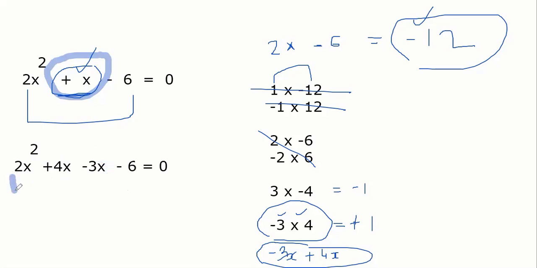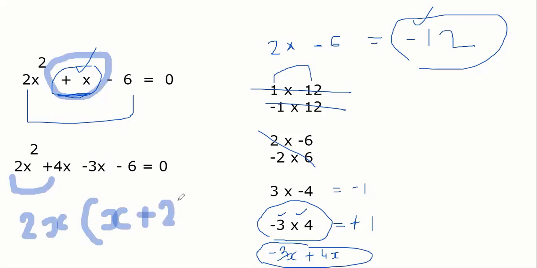Now, what is common between these two? 2 and x is common, right? Between these two, 2x is common. So what will come in the bracket? X plus 2. x plus 2 only, because the other things are in common. So between these two also, obviously the common will be the same.